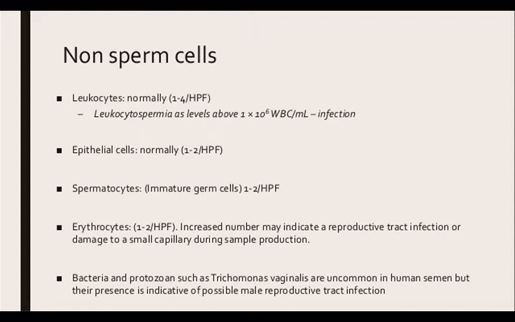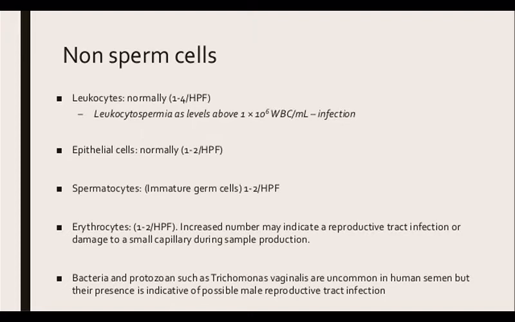Spermatocytes, these are immature germ cells, usually 1 to 2 cells per high power field. Erythrocytes, RBCs, 1 to 2 cells per high power field. Increased number may indicate a reproductive tract infection or damage to small capillaries during sample production.